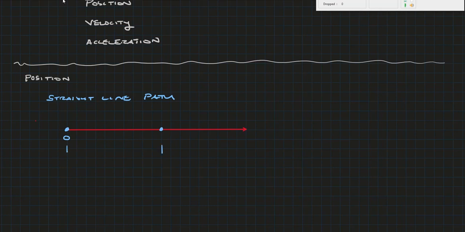This is the magnitude of the distance of the particle from the origin. We'll just label that S.